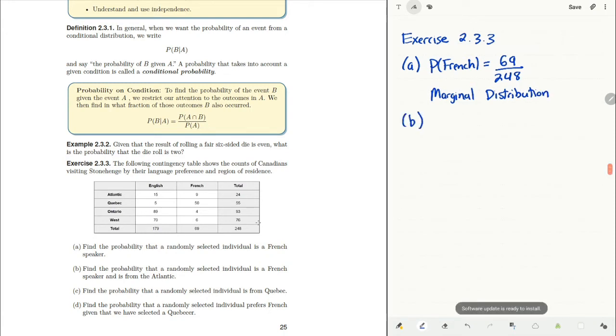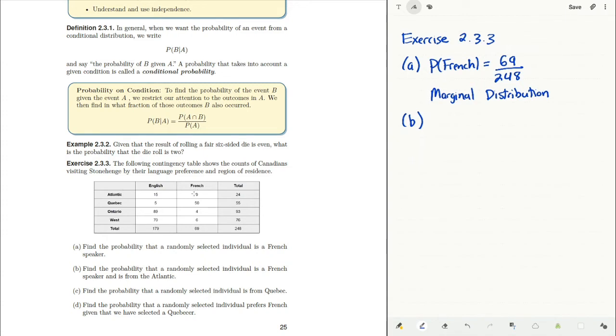Now let's look at finding the probability that a randomly selected individual is a French speaker and is from the Atlantic. To find this probability, we will look at the number of people which prefer to speak French and that is from the Atlantic, and we divide this by the grand total.